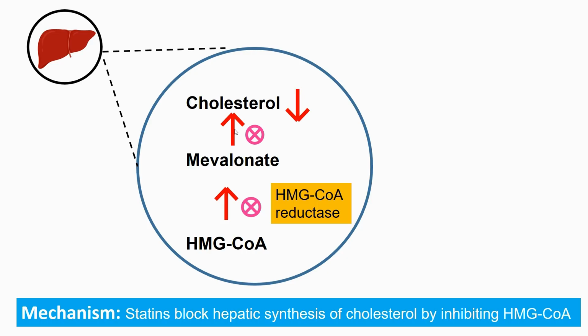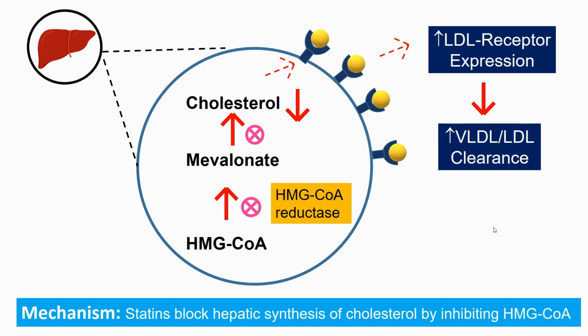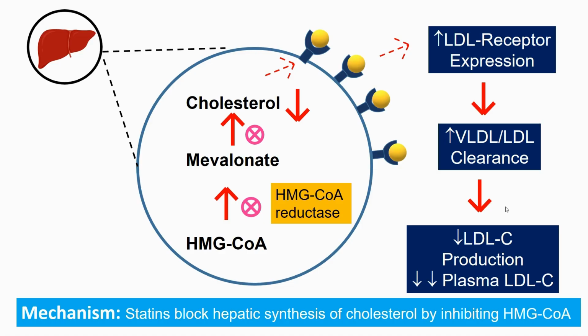However, when the cholesterol is reduced, there is an increase in production of LDL receptors in the cell membranes. This high LDL receptor expression helps in clearance of VLDL and LDL. Thus, they lower LDL cholesterol production and decrease plasma cholesterol as well.